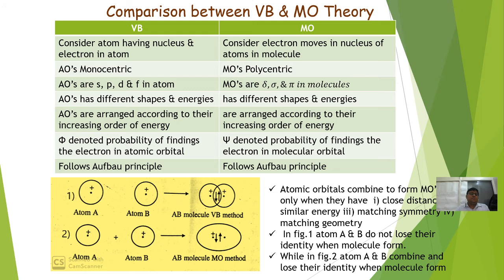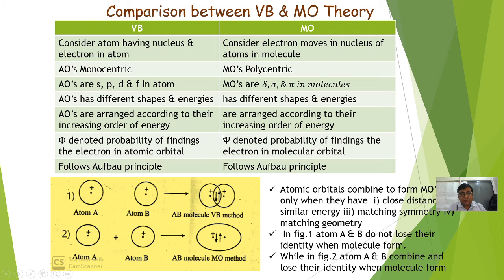Atomic orbital wave function is denoted by phi, and phi denotes the probability of finding the electron in an atomic orbital. In molecular orbitals, the wave function is denoted by psi, so there is a difference.